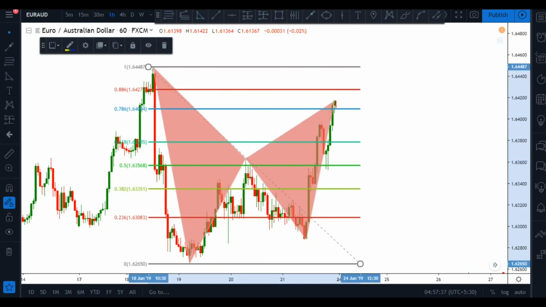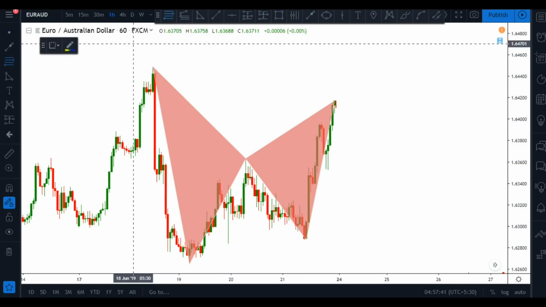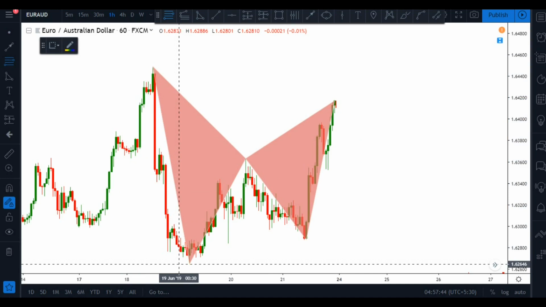After identifying the pattern, what I do is determine the profit objective for that pattern.